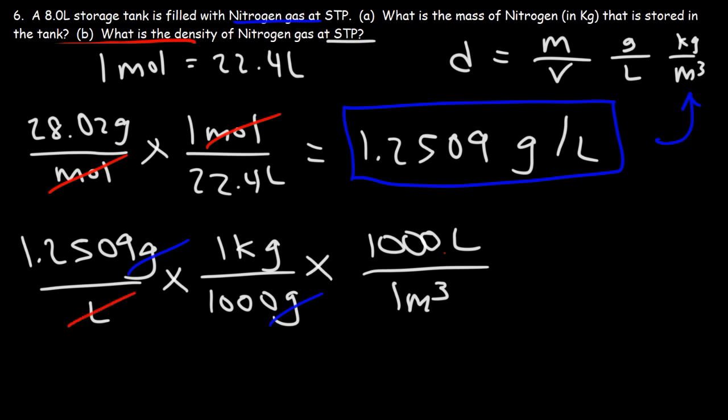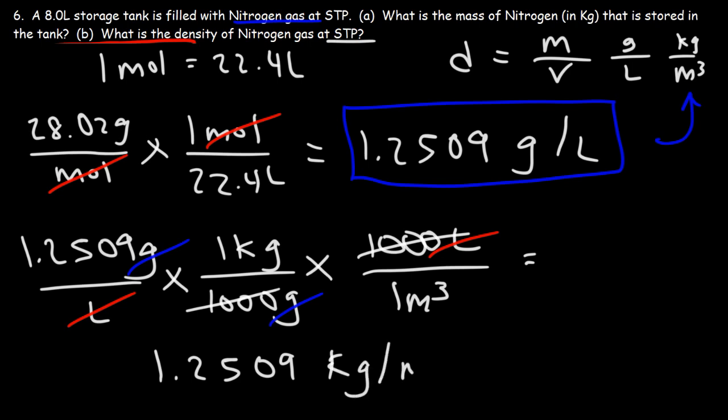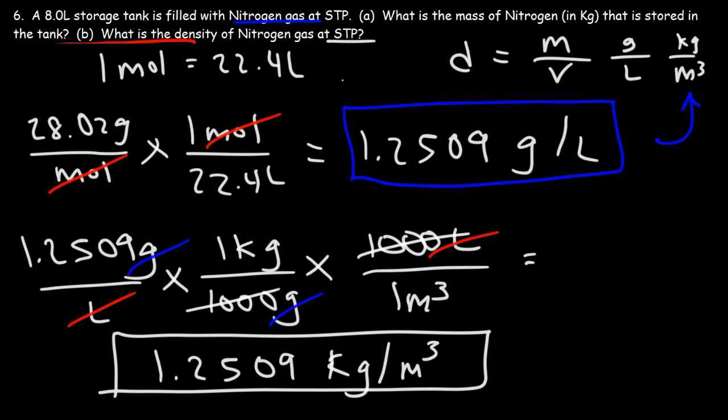So now the unit liters cancel. And so we're left with kilograms per cubic meter. Now also the number 1,000 cancels as well, so the answer doesn't change. It's 1.2509 kilograms per cubic meter. So that's the density of nitrogen gas at STP.